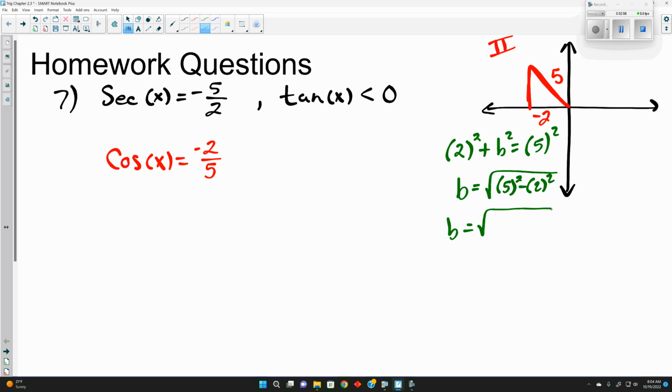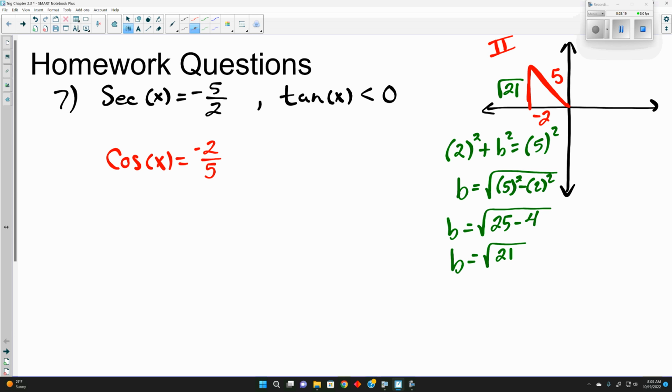Well, 5 squared is 25, 2 squared is 4. So we're saying b is the square root of 21. I leave it as the square root of 21 because it doesn't simplify from there. That's as simplified as it gets without turning it into a decimal. So square root of 21.